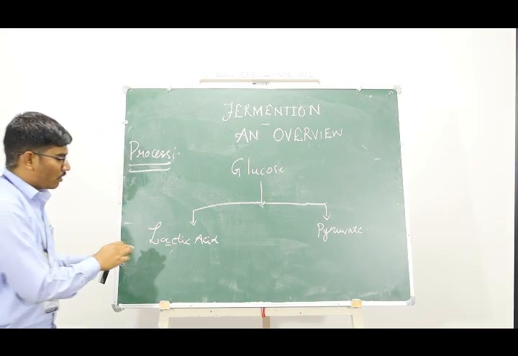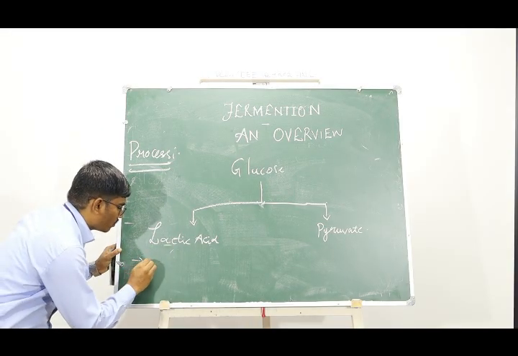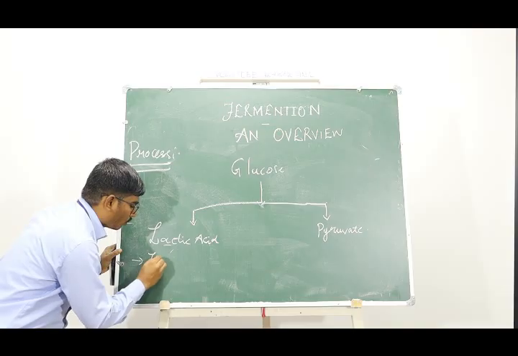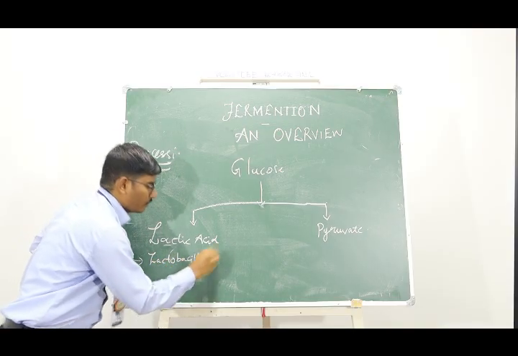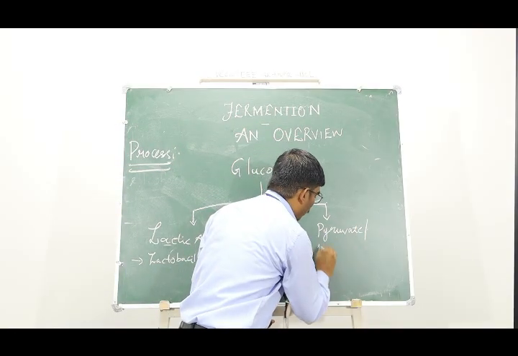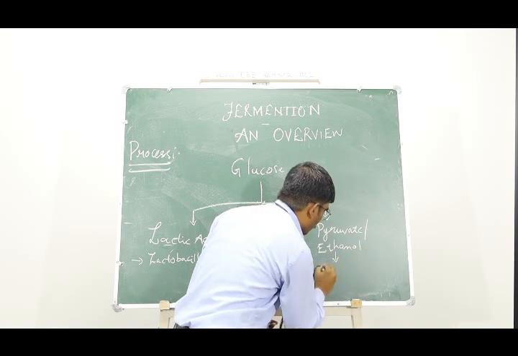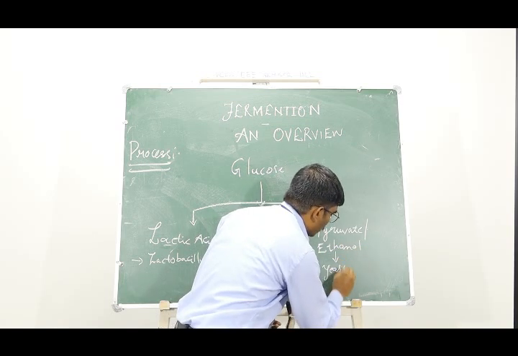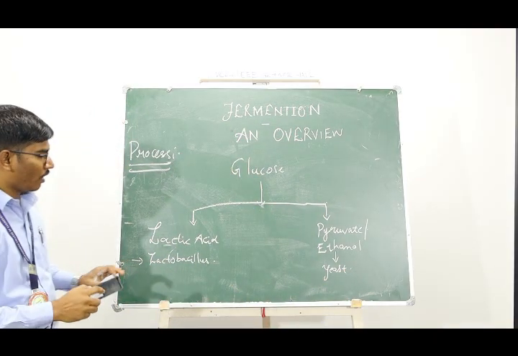And if the product formed is lactic acid, then the microorganism which is utilized is lactobacillus. And if it is pyruvate or ethanol, the organism is yeast. So in the yeast, the main category is Saccharomyces cerevisiae.